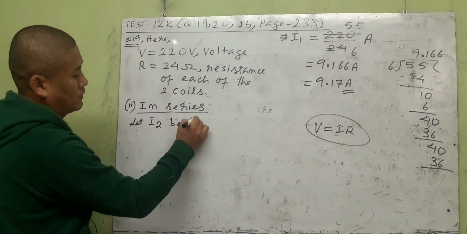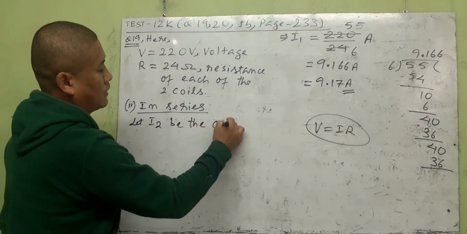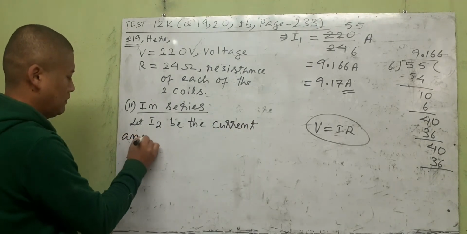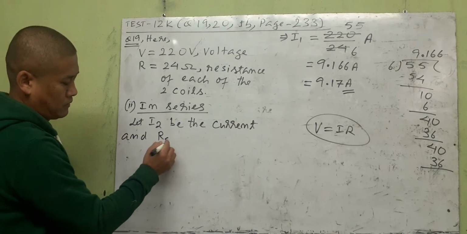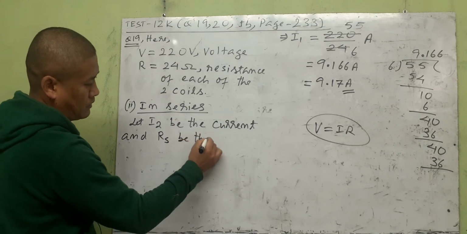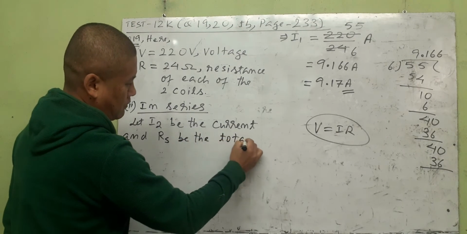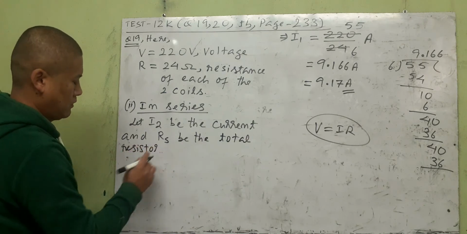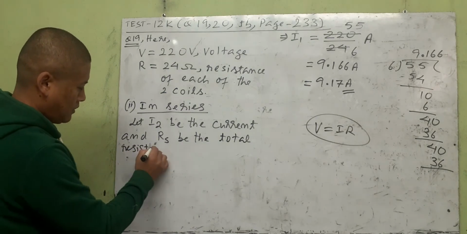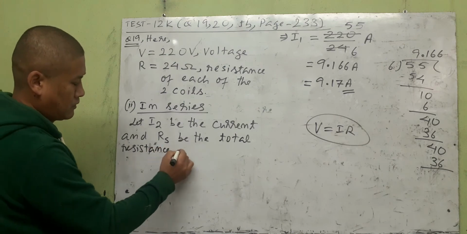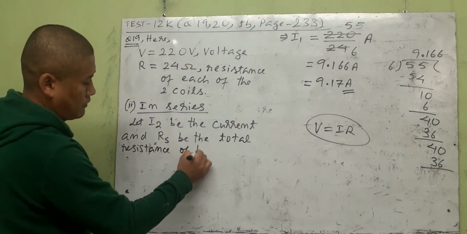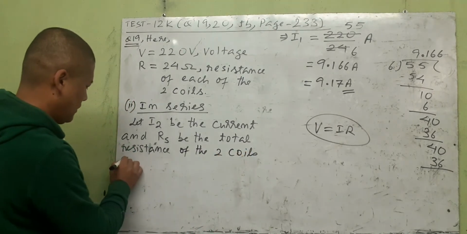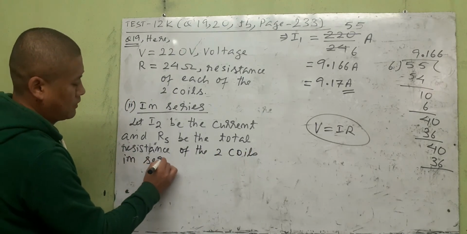let I2 be the value of the current, which we don't know yet, and let RS be the total resistance of the two coils, let us mention in series.